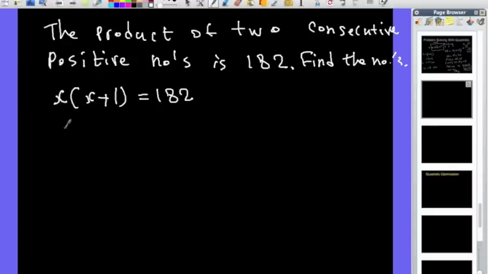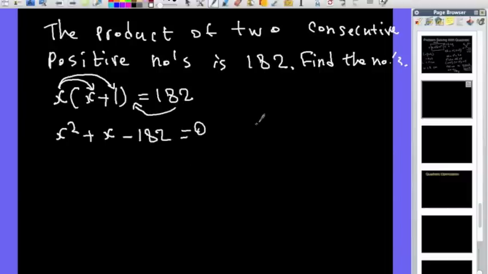So we would do the same thing as we did in the last question. Multiply this with this and this with this. So it would be x squared plus x, and then move this to this side, so it would be minus 182 equals 0. And now we would factorize it. What times what gives us 182? 14 and 13 gives us 182.